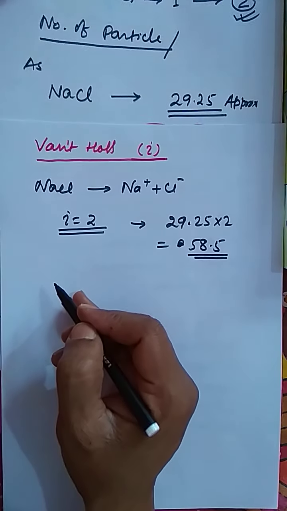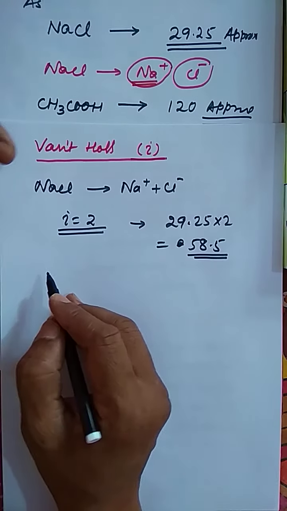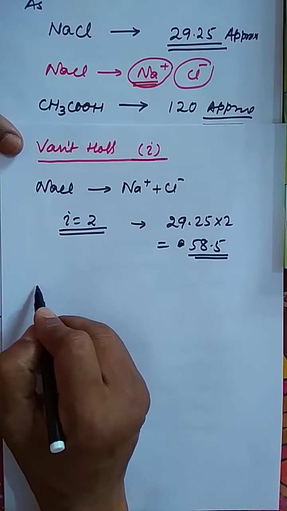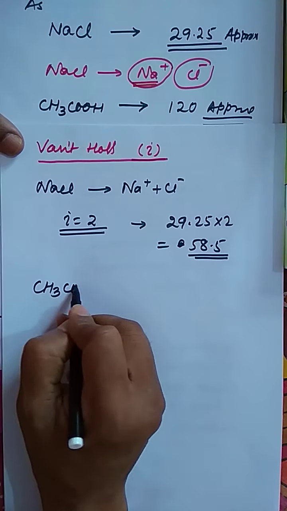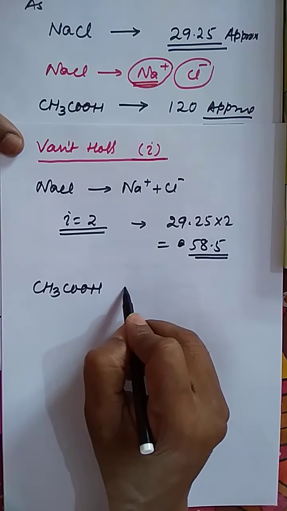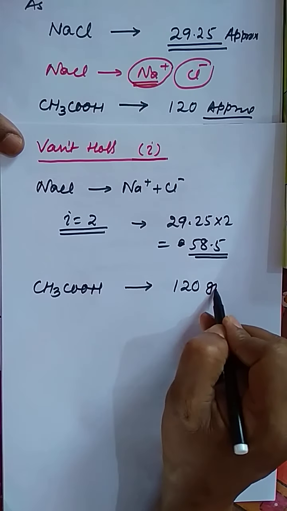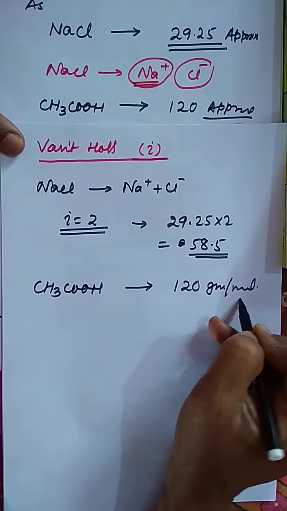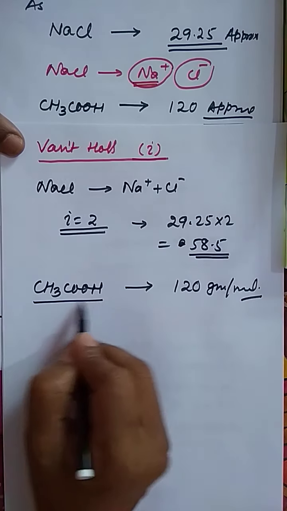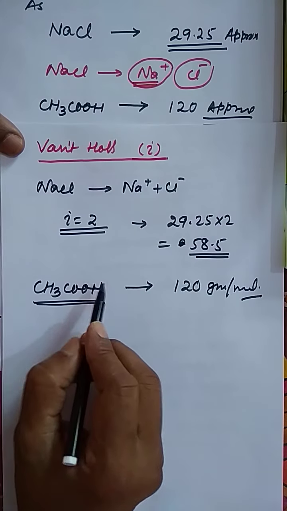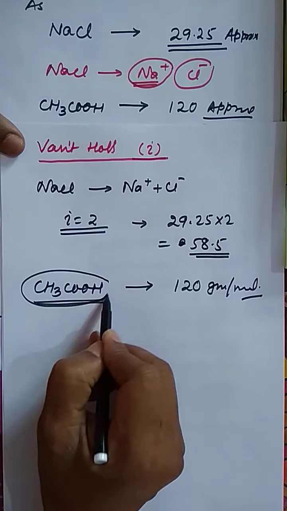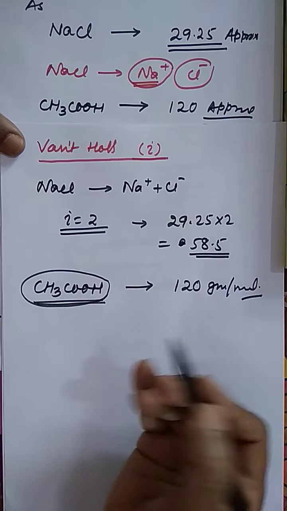Or the second example I have put, acetic acid, CH3COOH, its abnormal molar mass comes approximately 120 gram per mole. But what is the value of i in case of acetic acid if it associates?